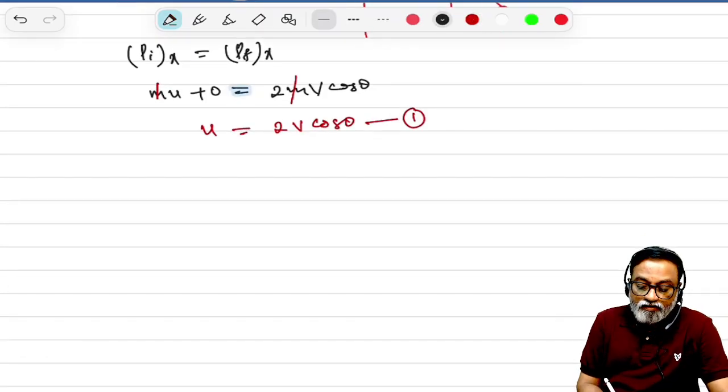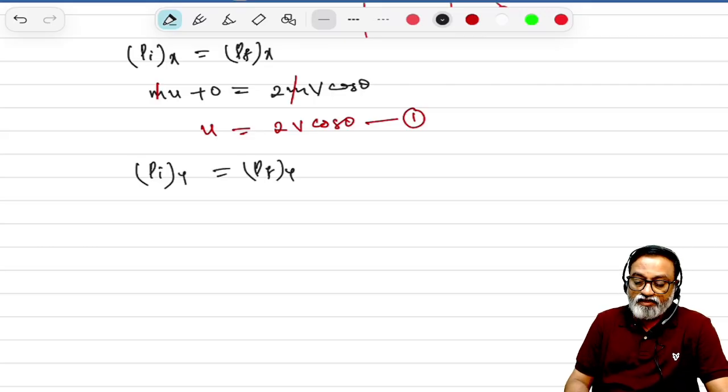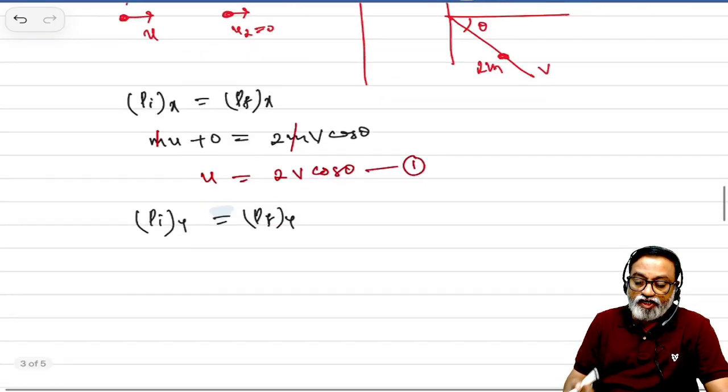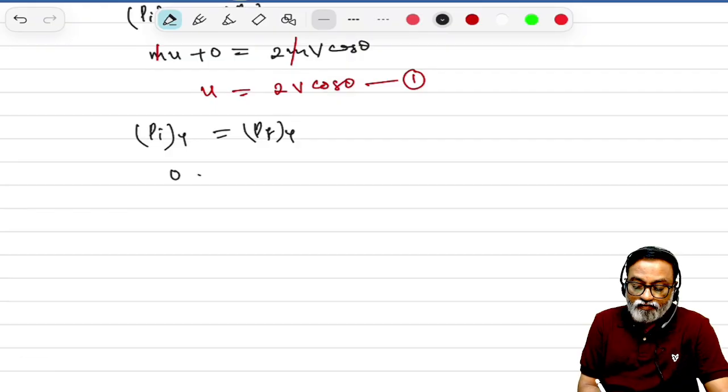P initial in y direction is equal to P final in y direction. Initially there is no momentum along y direction, therefore initial momentum is 0.